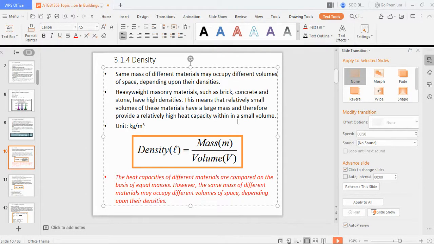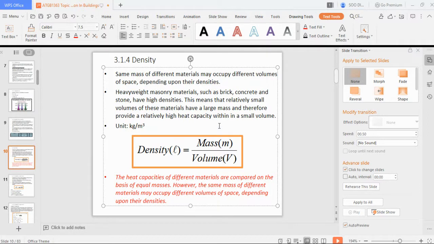So even though they are occupying the same space, cotton will always be lighter to pick up than brick. Why we want to know what density is, is because we have to learn that different materials have different density, and they also have different heat capacity.